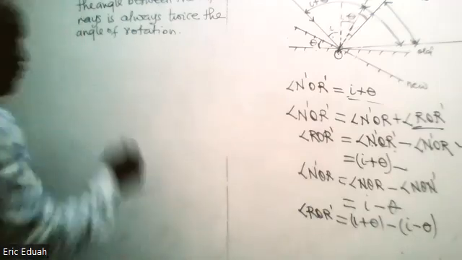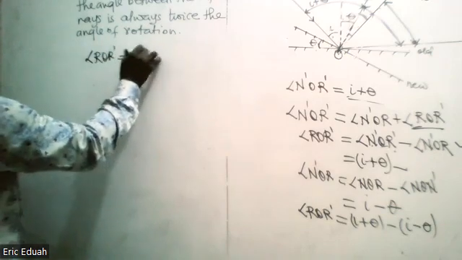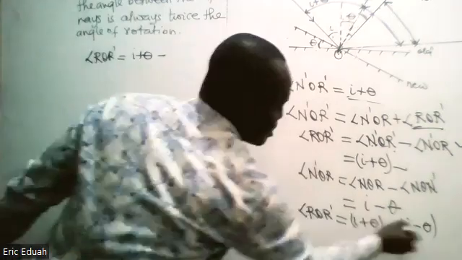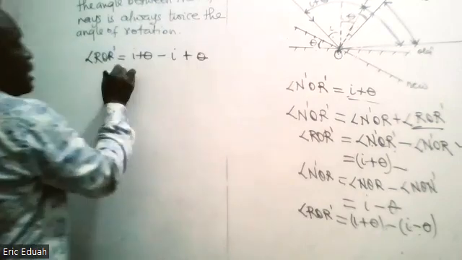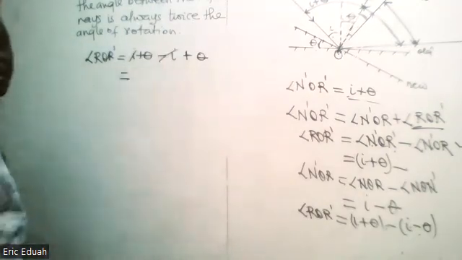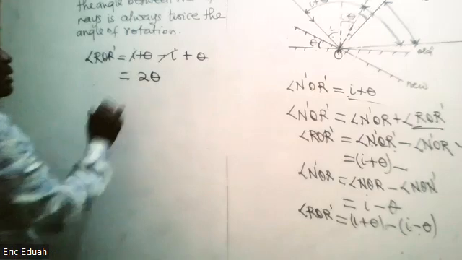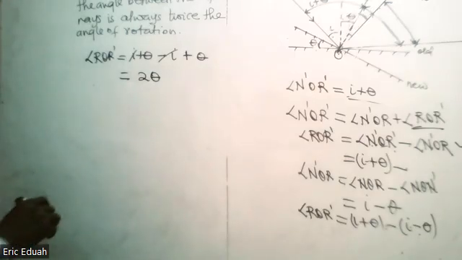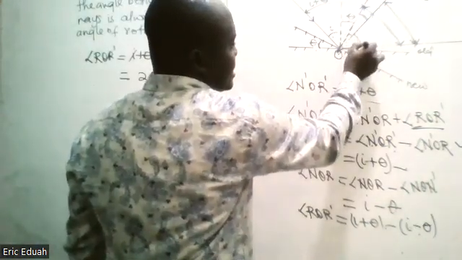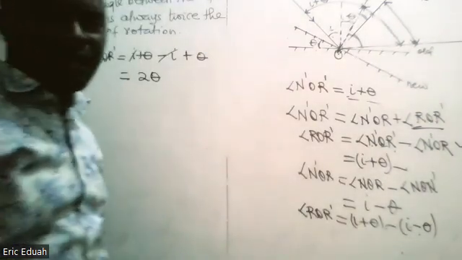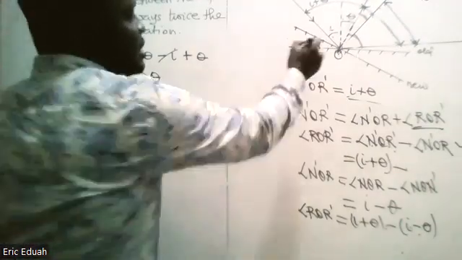So R O R prime is equal to I plus theta minus I plus theta, giving me this and this cancel out to 0, and this plus this will give me 2 theta, confirming that whenever a mirror is rotated, the angle between the reflected rays, before and after rotation, is always equal to 2 times the angle of rotation of the mirror.